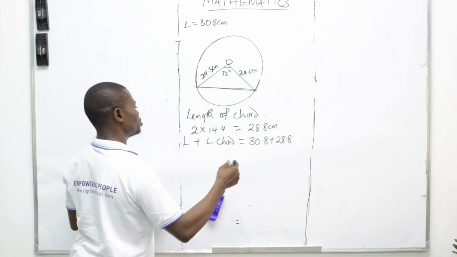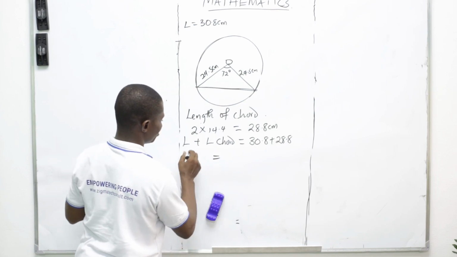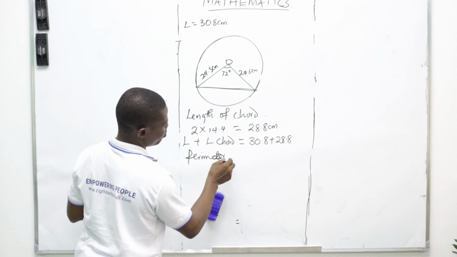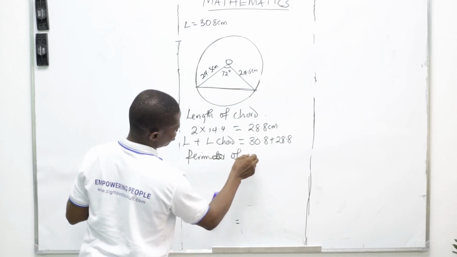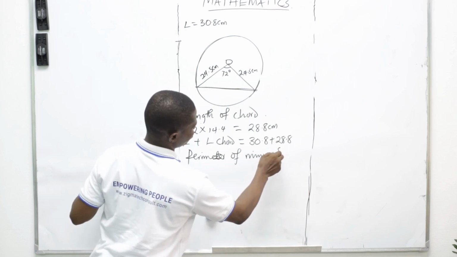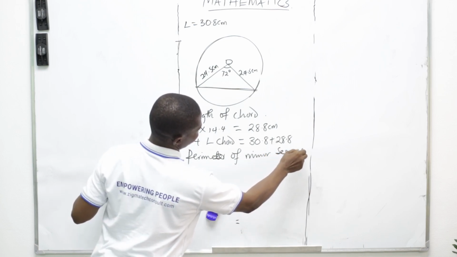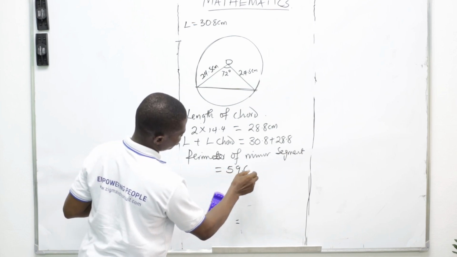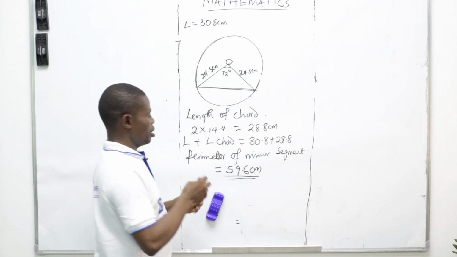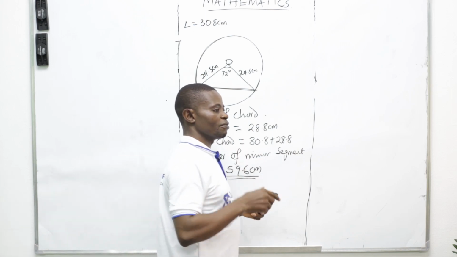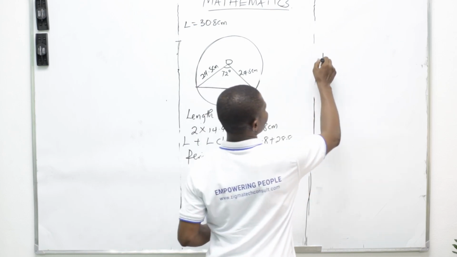So that's the perimeter of minor segment. Perimeter of minor segment equals 59.6 cm.